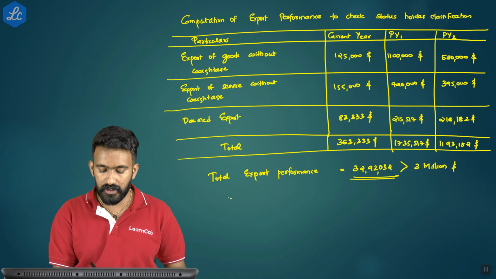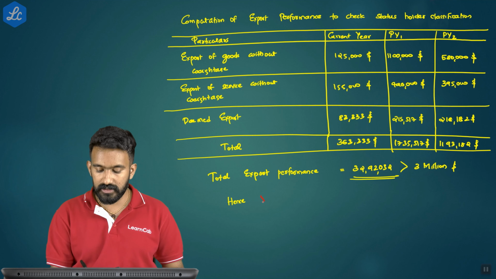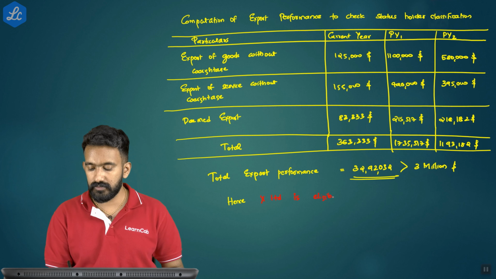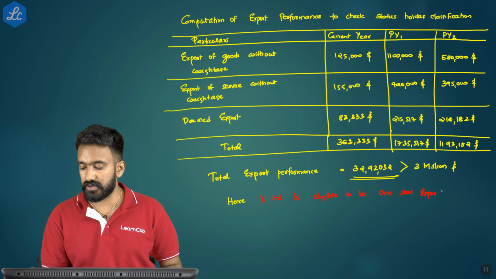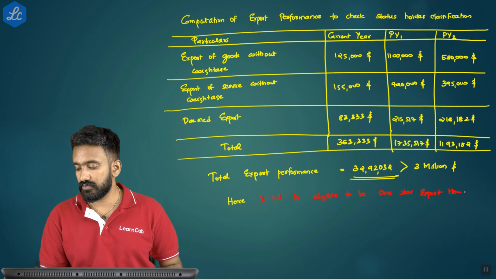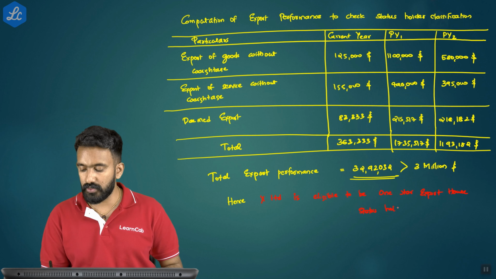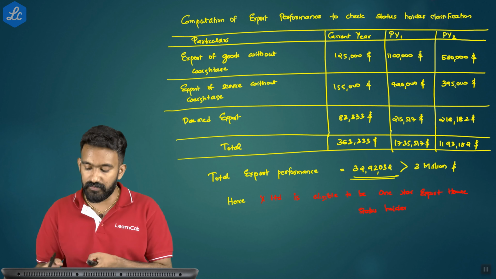So, hence, X Limited is eligible to be a 1-star export house status holder. Because for that you require 3 million, and they have got 3.2 million. So they are eligible for 1 star.